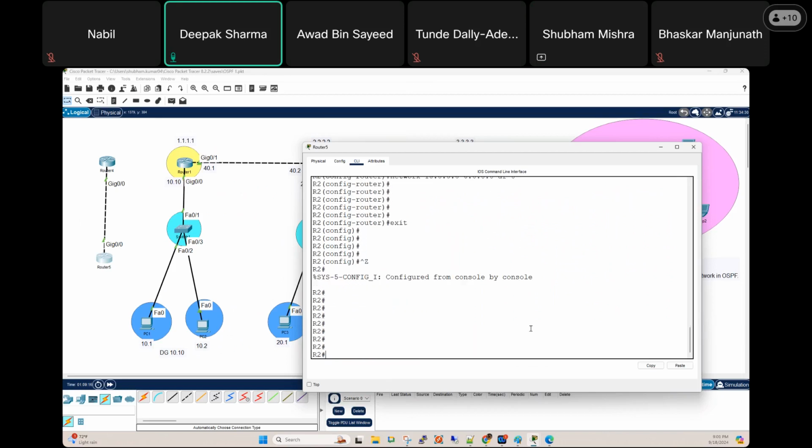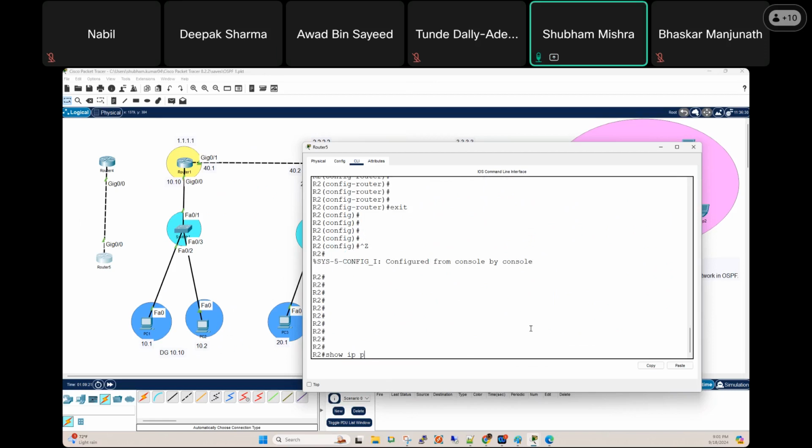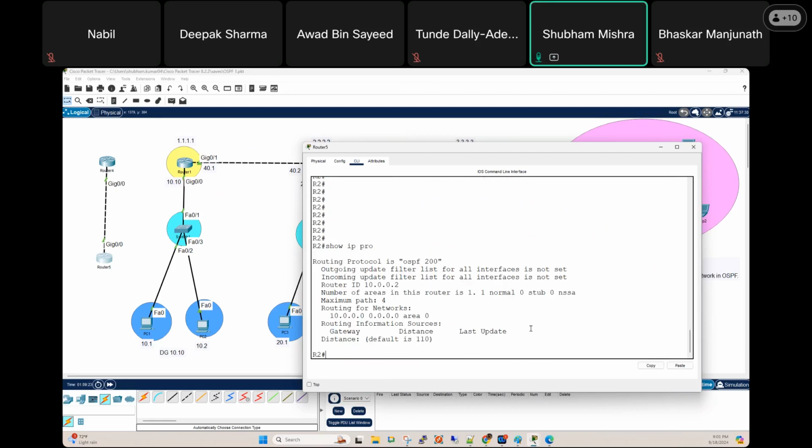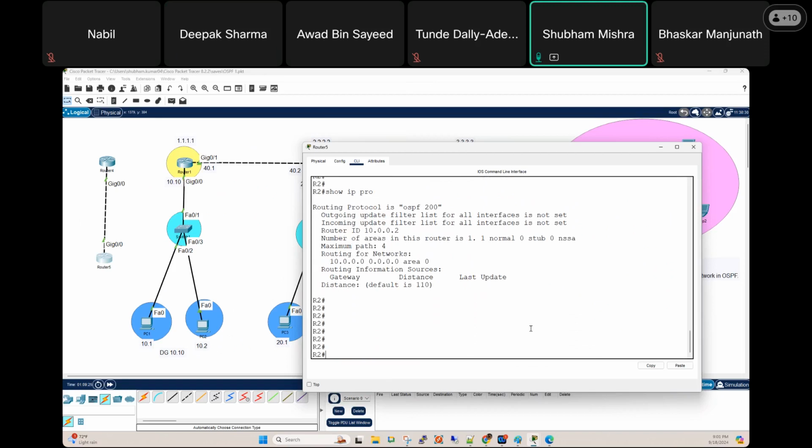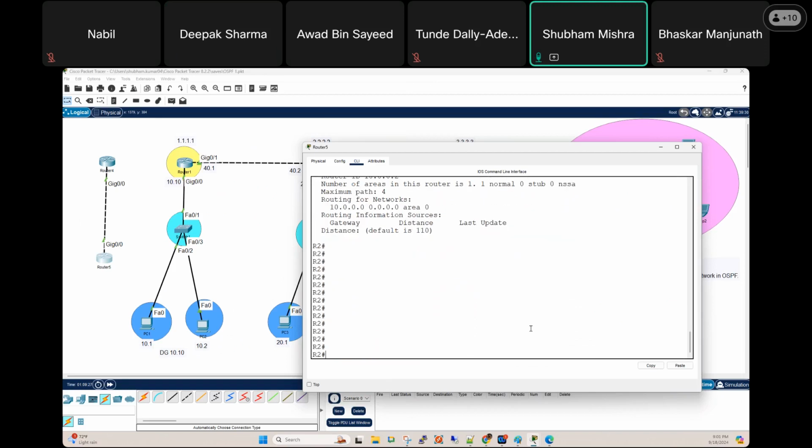It will be configured here, right? Show IP protocol. I configured OSPF 200. Yes or no, everyone? Yes. On R1, I configured OSPF 100, and on R2, I configured OSPF 200.